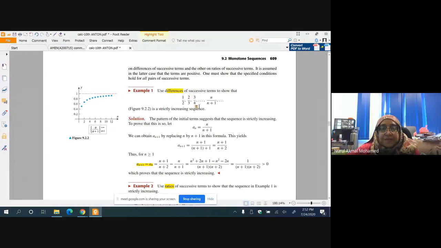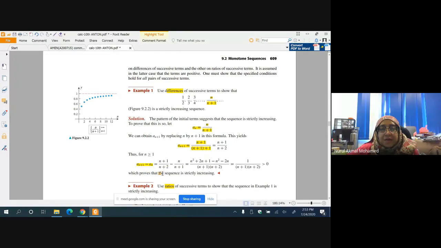This is the sequence that we have: 1/2, 2/3, 3/4, and so on, and the general term is given by this. So firstly, a_n is equal to this one, and then of course you can generate the a_(n+1) term, which is (n+1) divided by (n+1)+1, or simplified, (n+1)/(n+2), and then you take the difference.